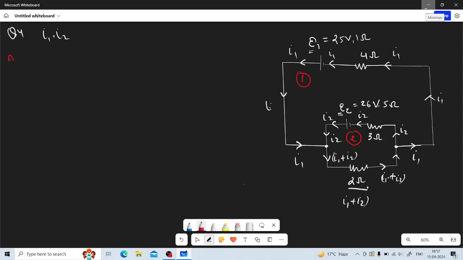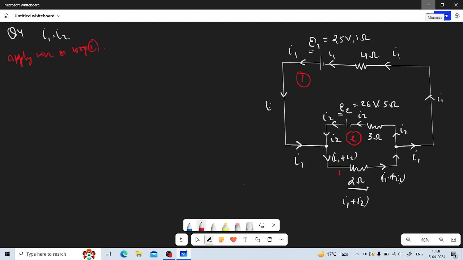Now we need to apply Kirchhoff's voltage law in loop 1. So for that we need to first write the sign convention. Okay, we'll start from here. This is the I1 current, and we are taking this loop.